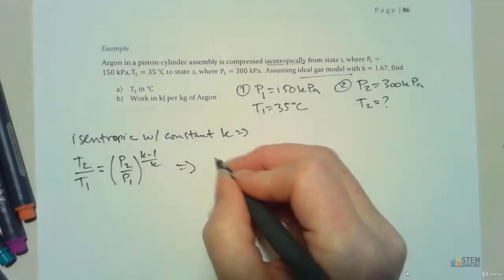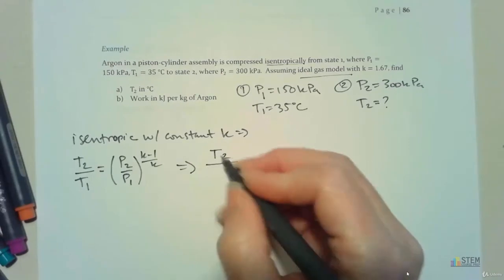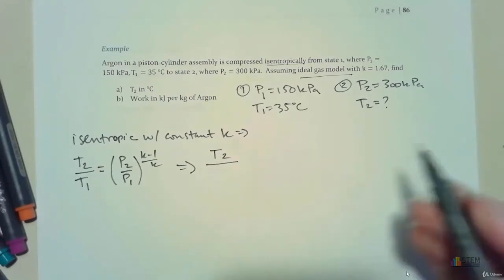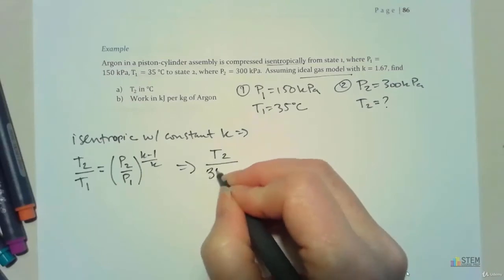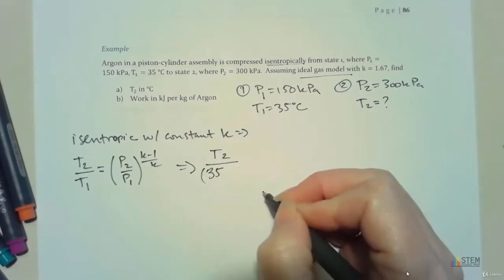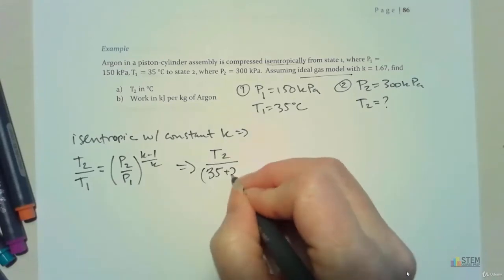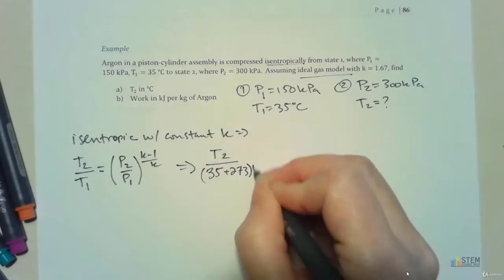So let's go ahead and plug in our numbers. We're going to have T2 over T1. This is 35. Now can we just leave that there? Nope. We got to convert to kelvins, so let's just add 273.